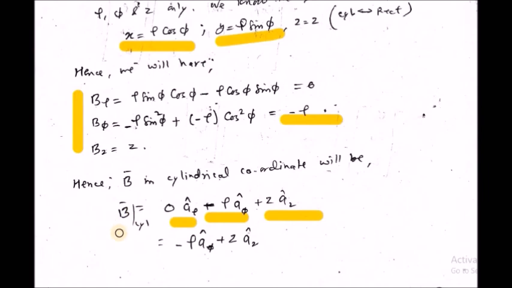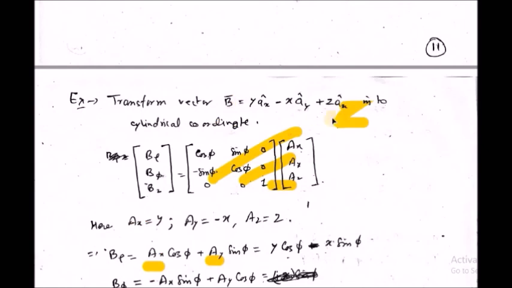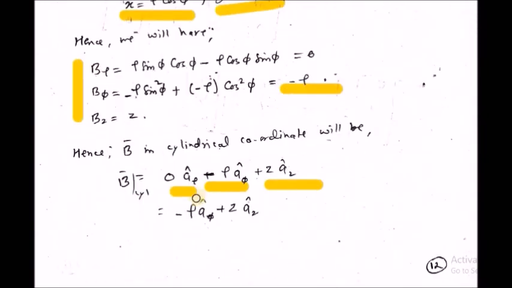So the vector B given in the rectangular coordinate system is like this in the circular cylindrical coordinate system.